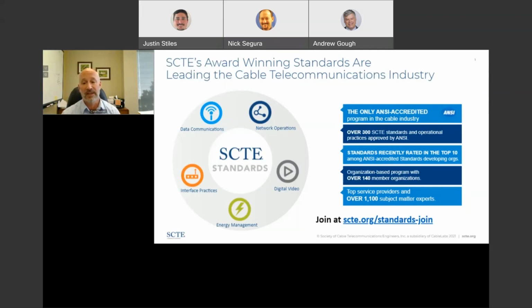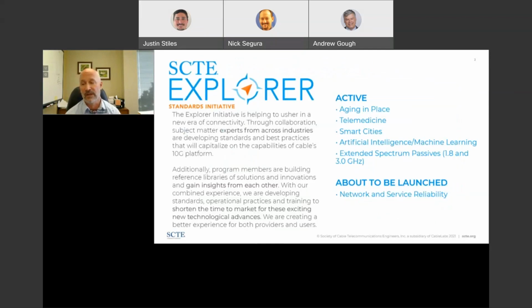So we've had a special focus the past 2 years. We've launched several new working groups under the umbrella name, the Explorer Initiative. They've all been very active groups, some of the most active groups that we have. The program overall has over 30 groups, and these 5 groups have consistently, week over week, been some of the most active.